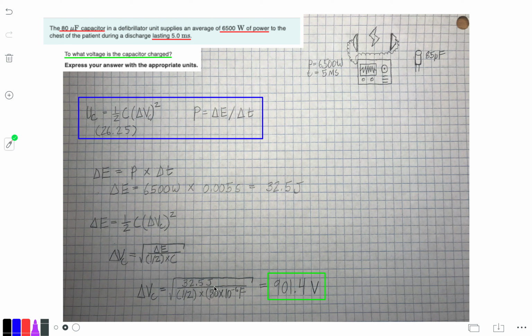Here we have our energy, here's the 1/2 from the equation, and here is our capacitance in farads, and this is actually missing parentheses, but we end up getting 901.4 volts as our final voltage of the capacitor.